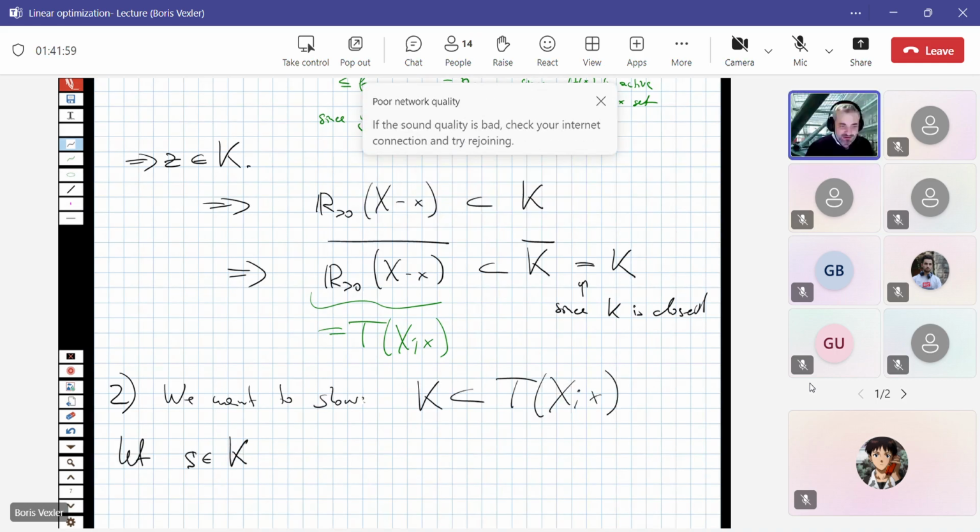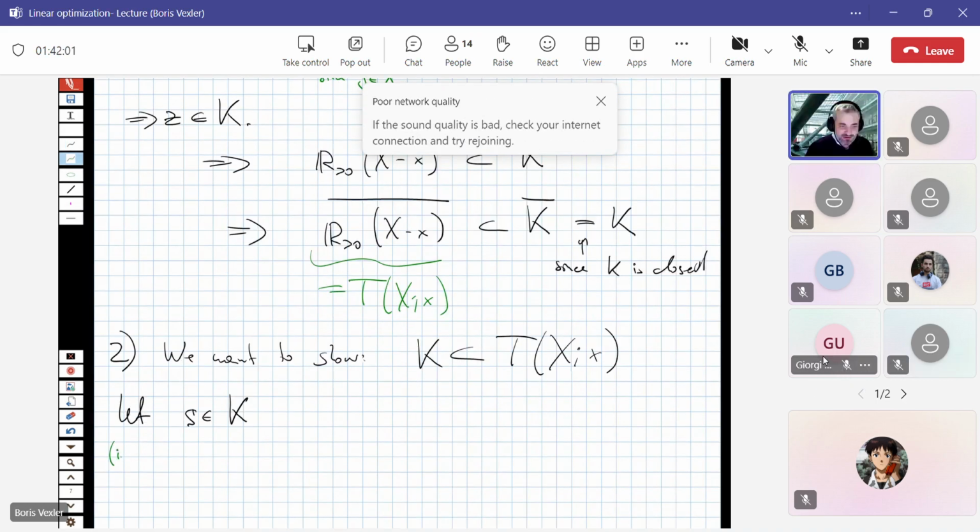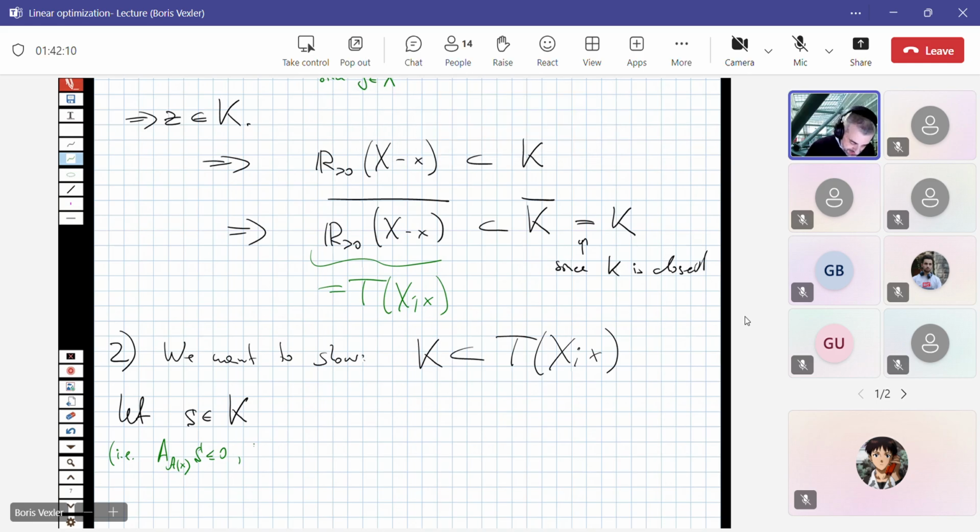I'll write it down. It means xs is less or equal than 0, and ds is equal to 0. Yes, this is what we have here.